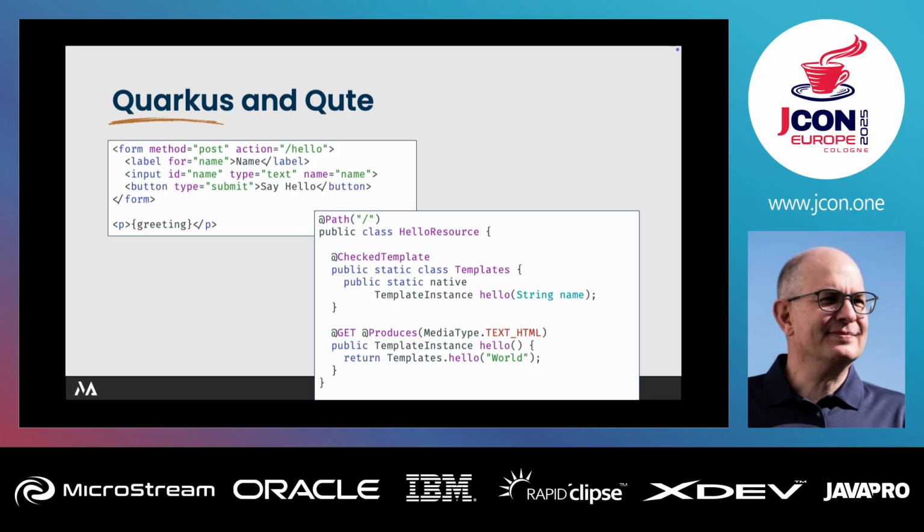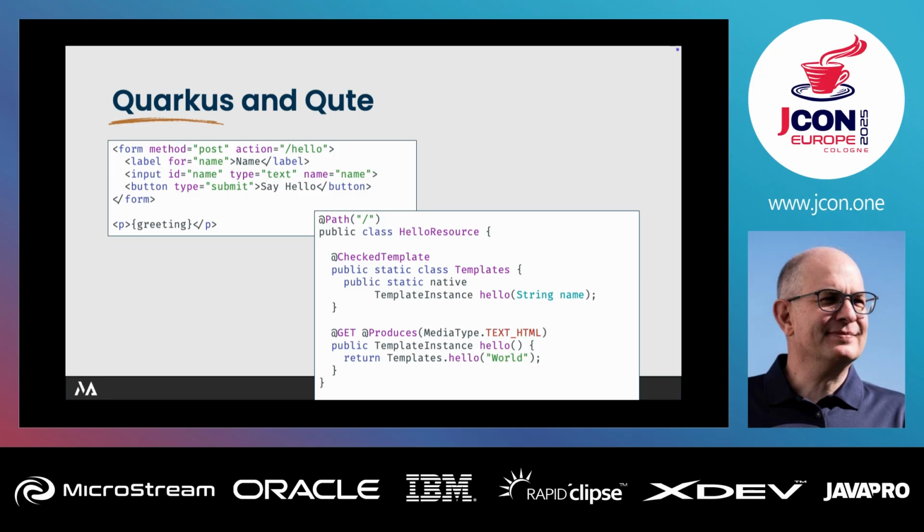You more have a template where you can call a method on it, right? So if you look at the get mapping for the hello, you see that this is returning a template instance. And I just use templates hello as a method and pass world as the value this time. So it's kind of type safe, so it also compiles.